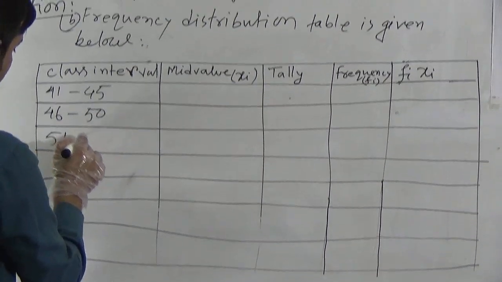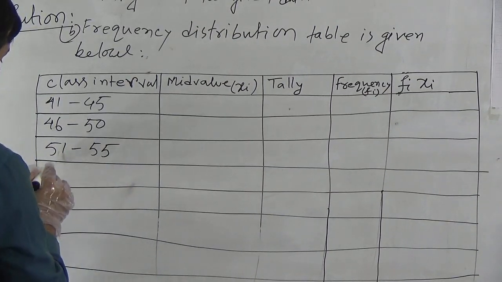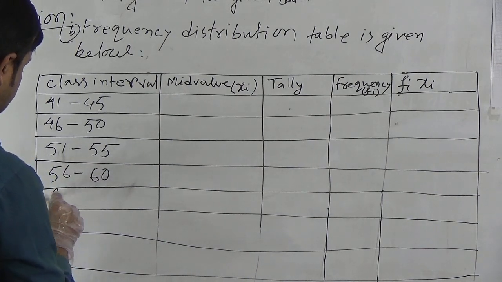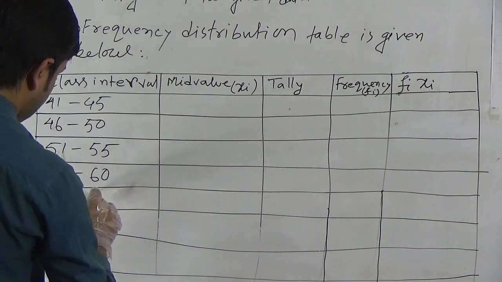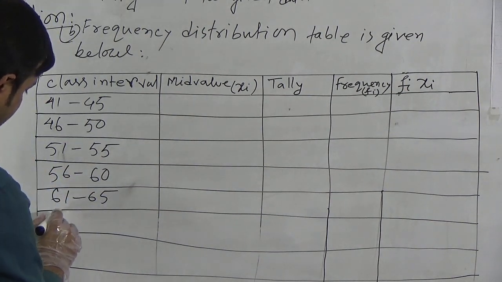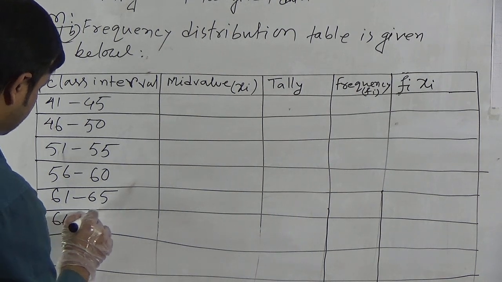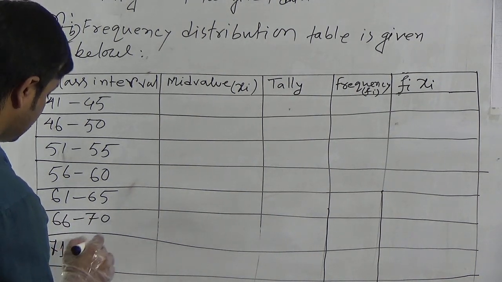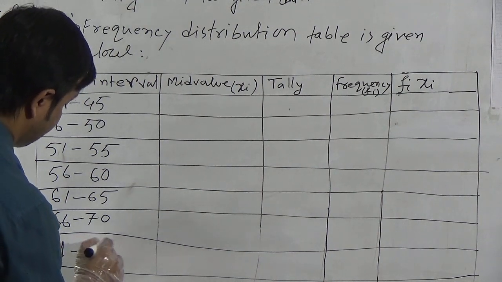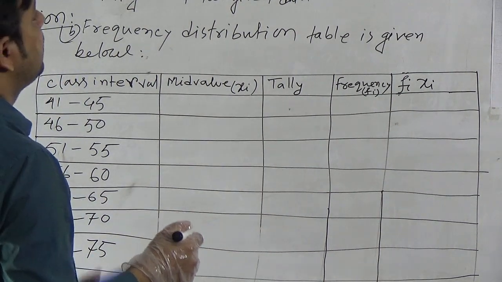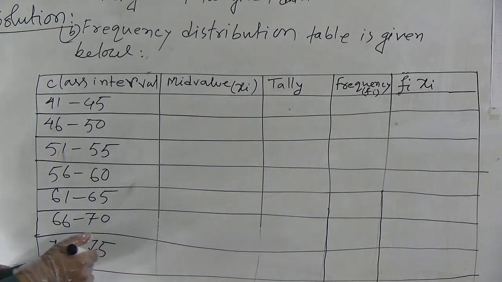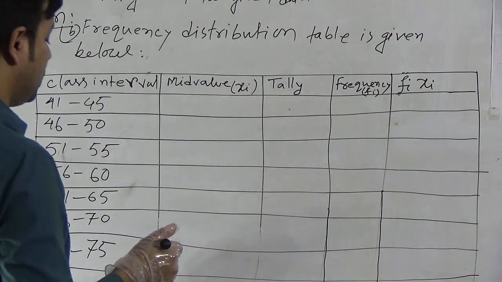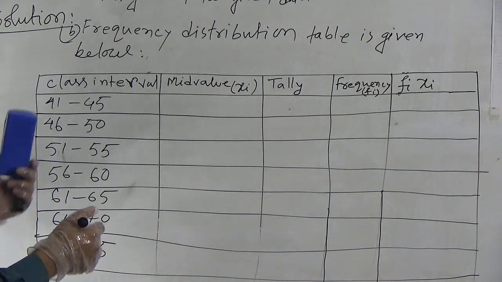Now this one 51 to 55, then 56 to 60, then 61 to 65, then 66 to 70, here from 71 to 75. Our highest data is 73. So we can say 73 is included in the last class. So our class interval is done.